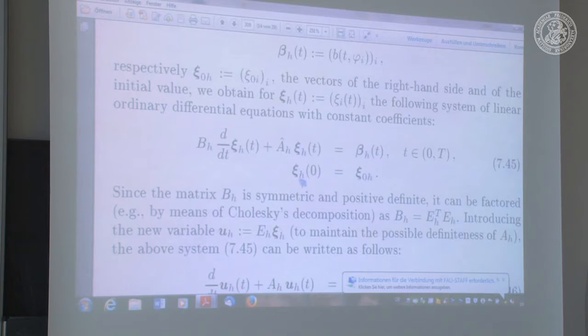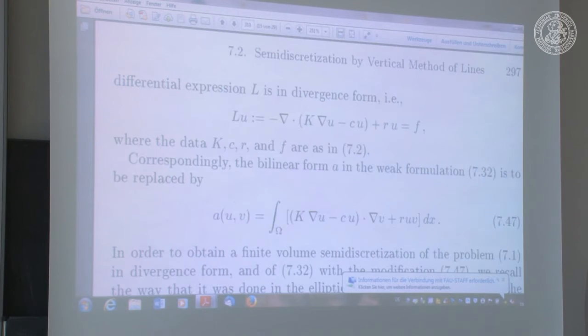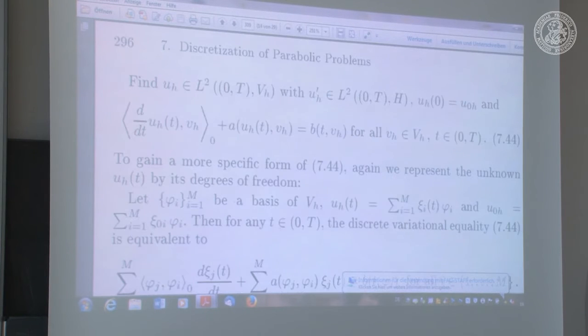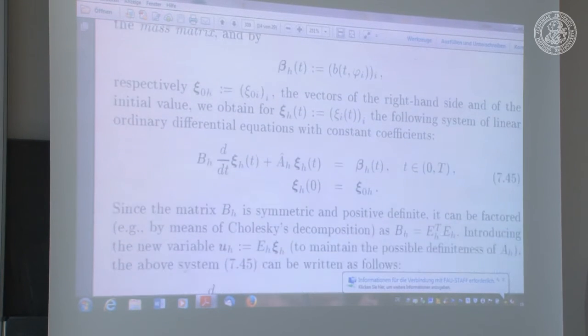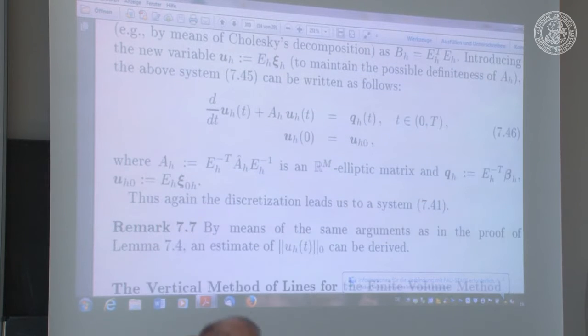And now we multiply again with EH to the -t, and then we get a new matrix, which is a congruence transformation.